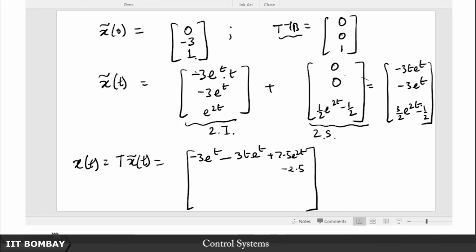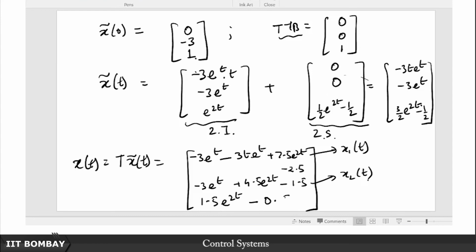that is one. So this is going to be my x1(t), my x2(t) is going to be minus 3 e to the t plus 4.5 e to the 2t minus 1.5. So this is going to be my x2(t), and finally x3(t) is going to be 1.5 e to the 2t minus 0.5.